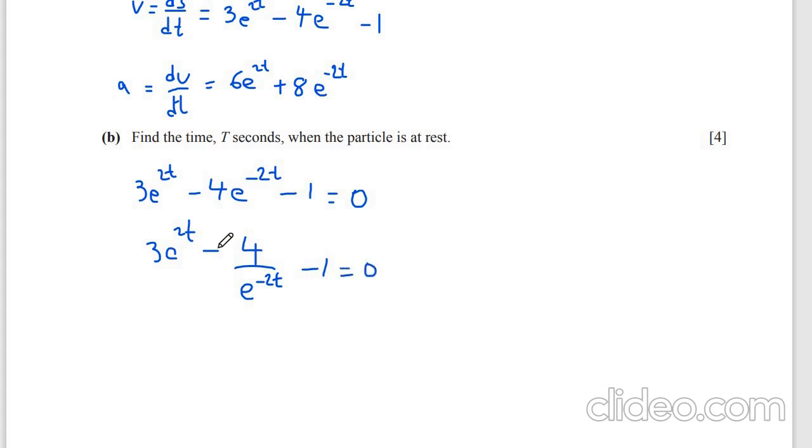Now if we multiply throughout by e to the power 2t, then what we are going to get is a square.